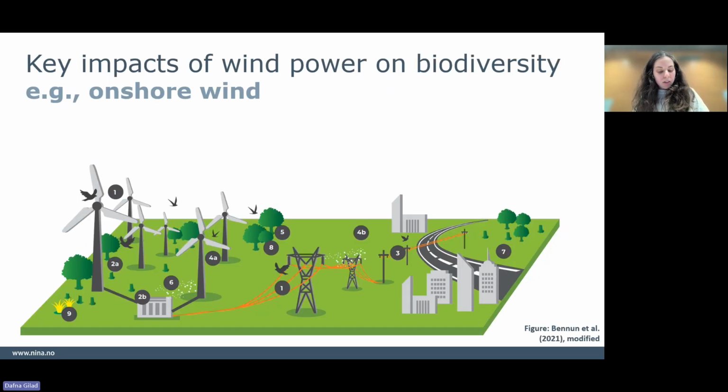But then in recent years, new biodiversity LCA models were developed, which quantify biodiversity impacts that are specifically associated with wind power. So if we look at this figure, for instance, this represents the key impacts of onshore wind on biodiversity. So you can see the little numbers which indicate different impacts.